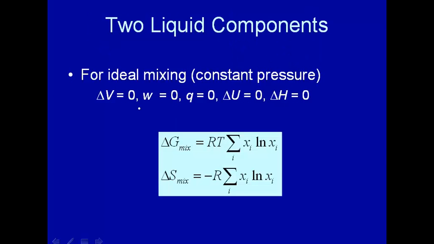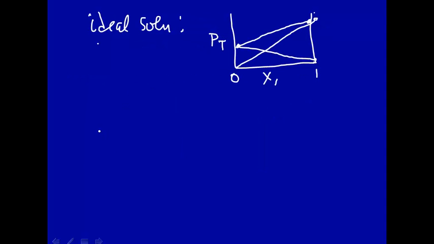There are a few other consequences of having an ideal solution. For instance, the change in volume here, when the two solutions are mixed, should be 0. Now let's look at that in more detail. So let's consider our system as just two compartments separated by a partition.